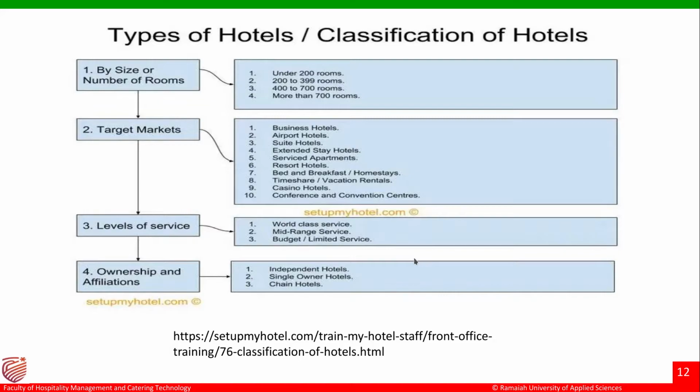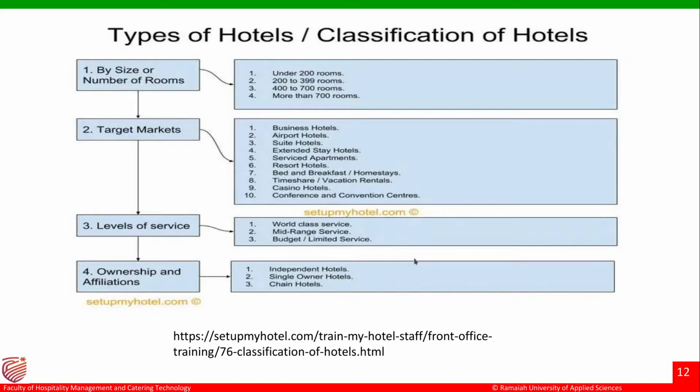Conference and convention centers. Now, conference and convention centers are booming, but because of the COVID scenario, most of the hotels are badly hit. People have stopped traveling. But hotels of the conference and convention center type were getting good response before COVID, because people used to travel for meetings, for exhibitions, and hotels having these facilities used to get a lot of bookings, a lot of response from the guests, from the tourists.